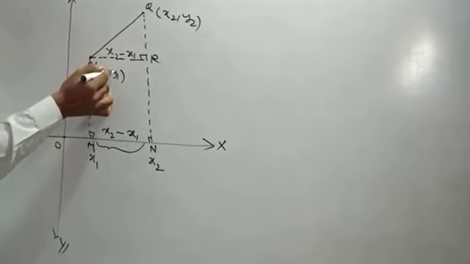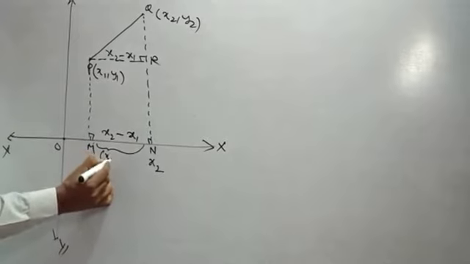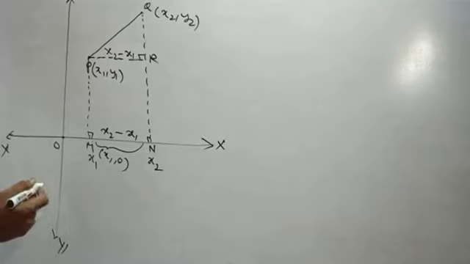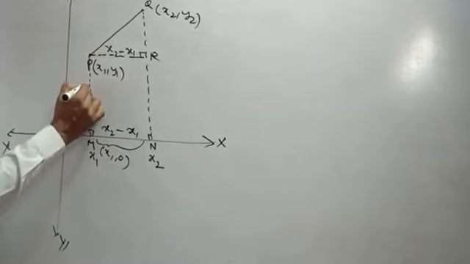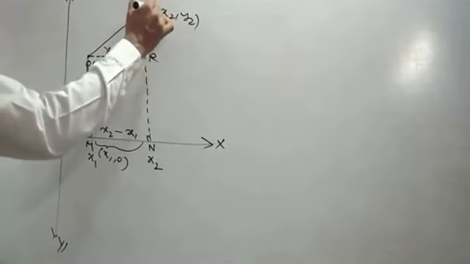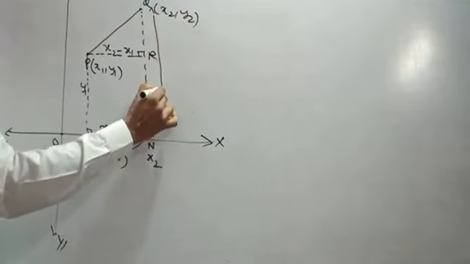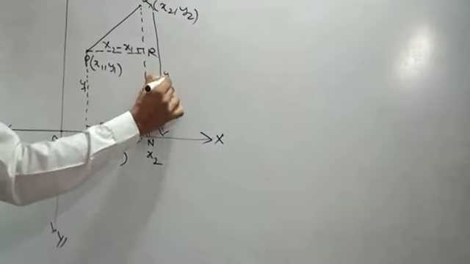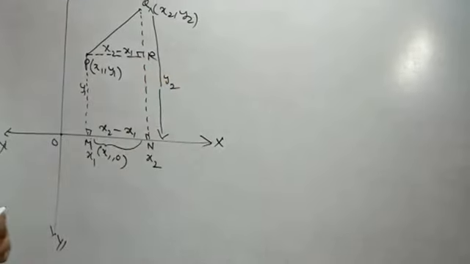Similarly, PM is the vertical distance we discussed earlier. This y coordinate is y1, and here the y coordinate is 0 because on the x-axis the y coordinate is 0. Therefore its distance is y1 minus 0, that is nothing but y1. Similarly, the distance QN is y2 minus 0, that is nothing but y2.